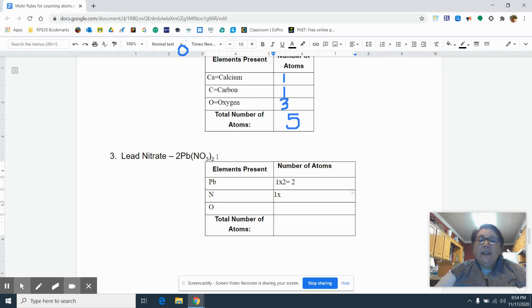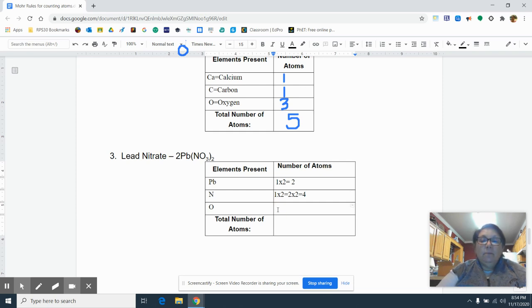So I'm going to multiply that by the subscript. And I'm going to get 2. But hold on, I'm not done yet. I still have to multiply it by the coefficient. So times 2. So there's actually 4 atoms of nitrogen in lead nitrate.